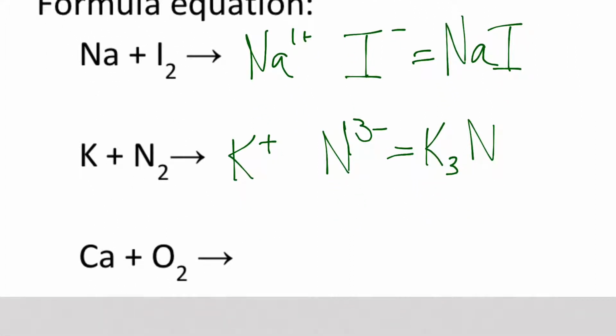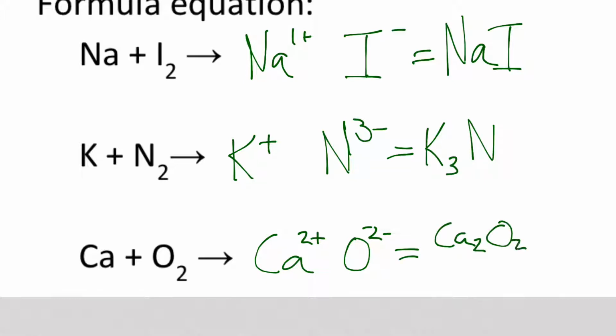Lastly, calcium is a 2 plus, oxygen is a 2 minus. It doesn't matter what they were before. We're looking at how these come together and the ratios at which they do. So calcium 2, O2, which you know needs to reduce down to calcium oxide, CaO.